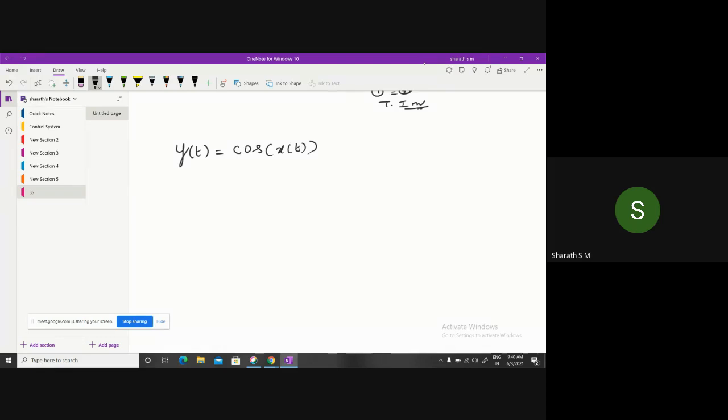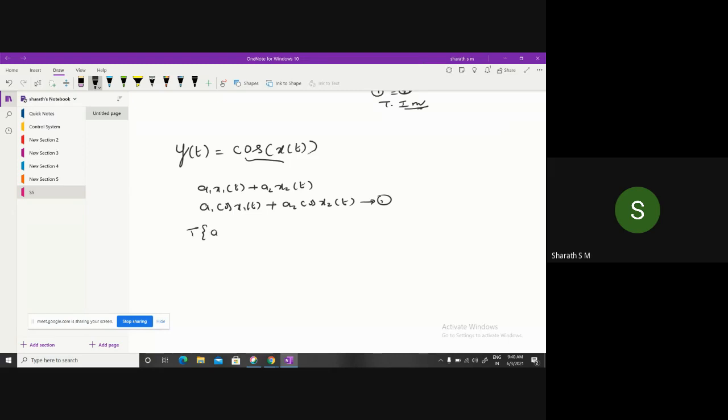So first write the general equation. We have a1 x1 of t plus a2 x2 of t. According to this equation, cos of x of t, we can write this as a1 cos x1 of t plus a2 cos x2 of t. So this is equation 1.